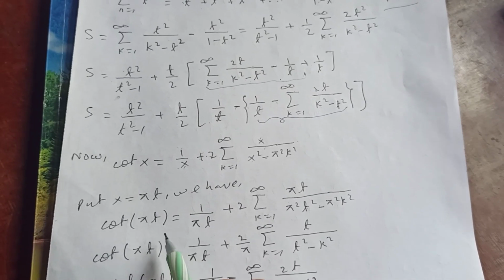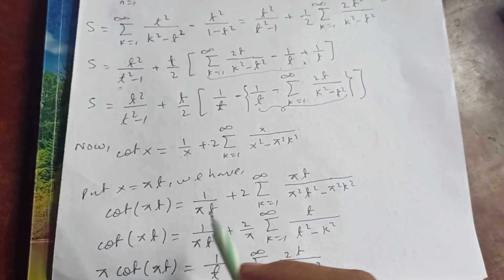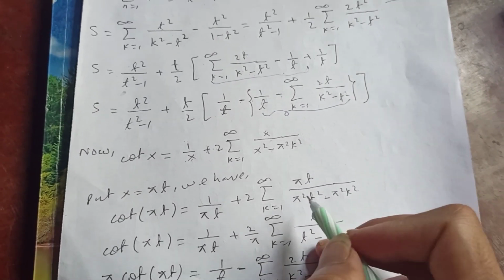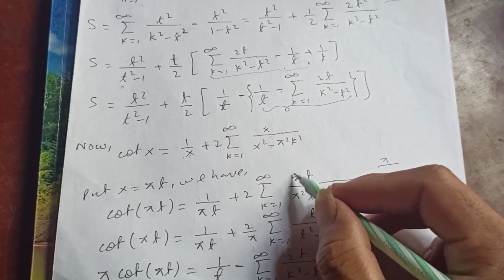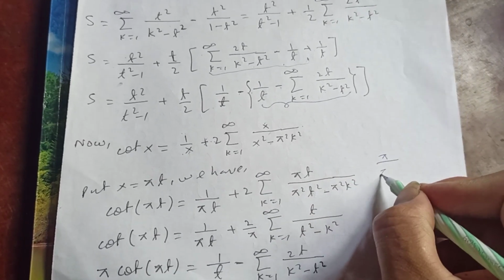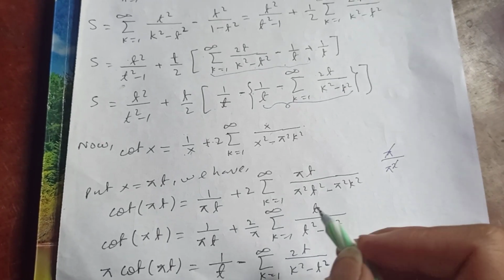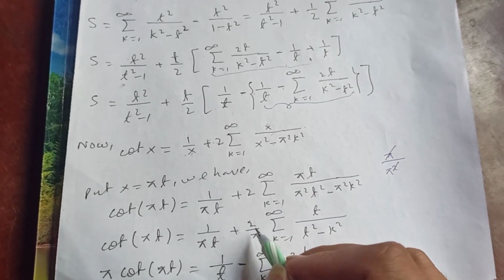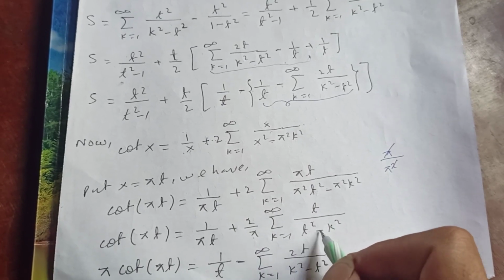Therefore you will get cot pi t is nothing but 1 over pi t plus, now this one here, pi is in the numerator and pi square can be common in the denominator, then you will get cancel, then we are left with 1 pi, which is 2 over pi sum from k equal to 1 to infinity t upon t square minus k square.